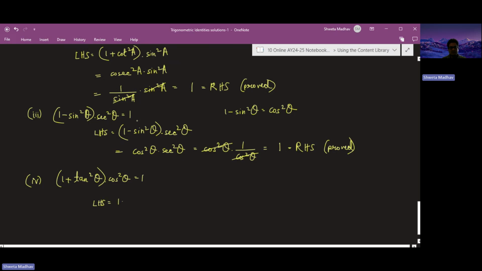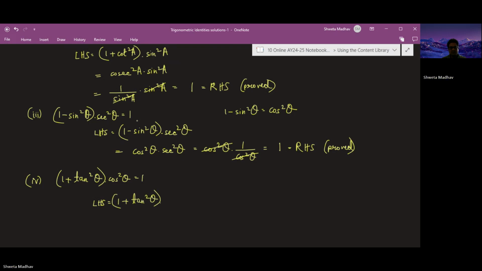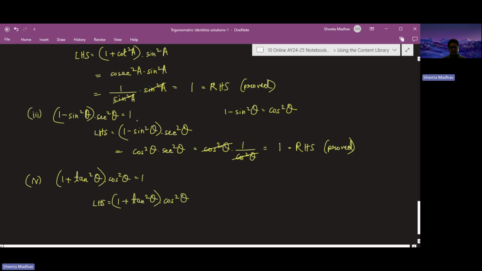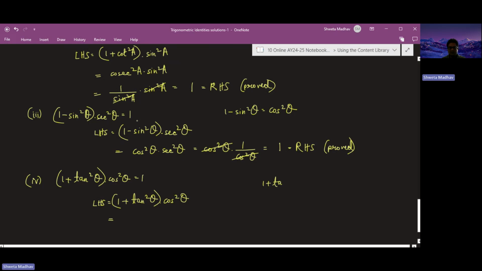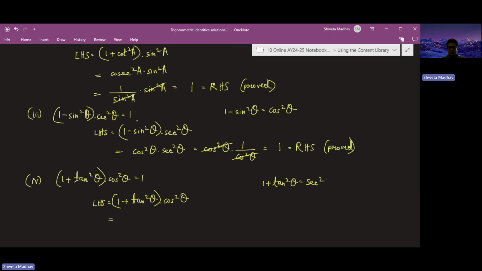The left hand side is given as 1 plus tan square theta into cos square theta. Now we know that 1 plus tan square theta is equal to sec square theta. So this will be sec square theta into cos square theta.